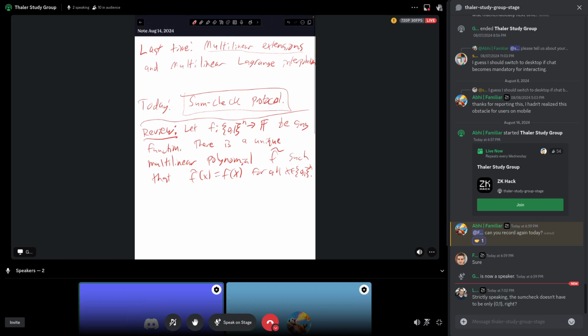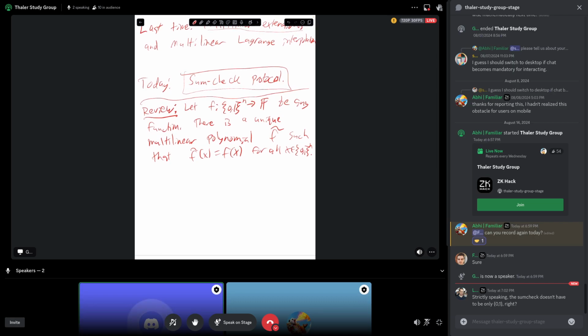So a quick review of these multilinear extensions and Lagrange interpolation. If you give me any function defined over the domain {0,1}^n, which I'll often call the Boolean hypercube, or bit vectors, so it maps any n-bit vector to some field element, then there is always a unique multilinear polynomial, which I typically denote by sticking a tilde over the function, that extends f.